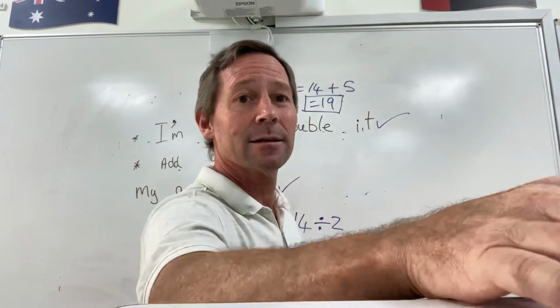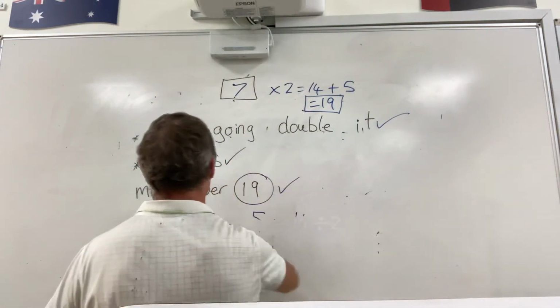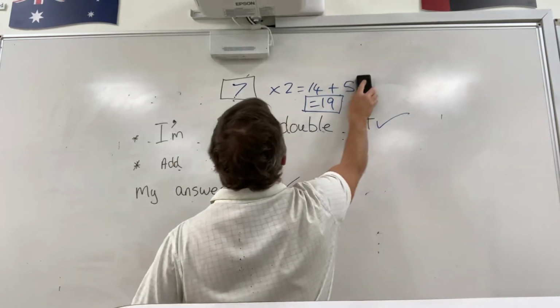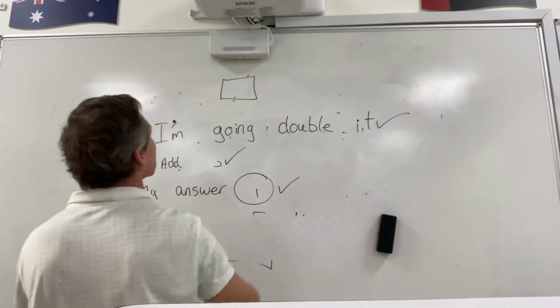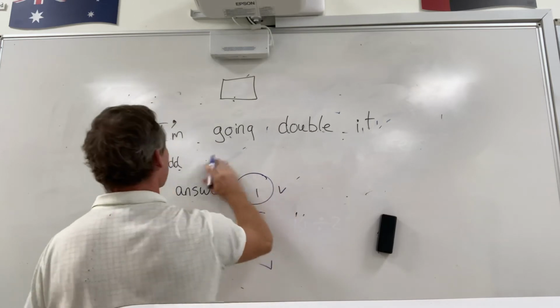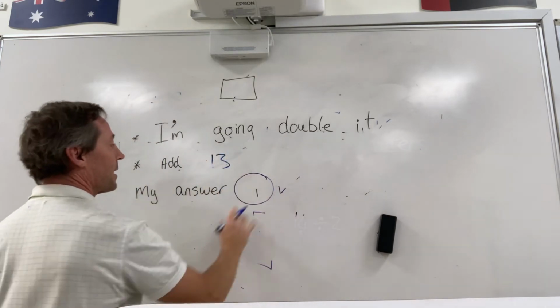Easy really, isn't it? Let's try one more, just to double check. I'll change 19 to 13. I'm going to add 13.